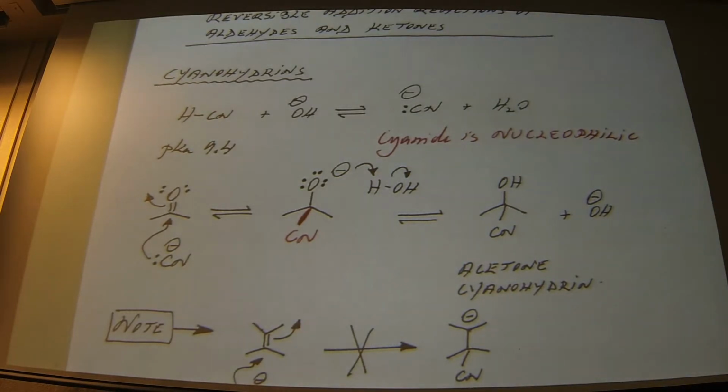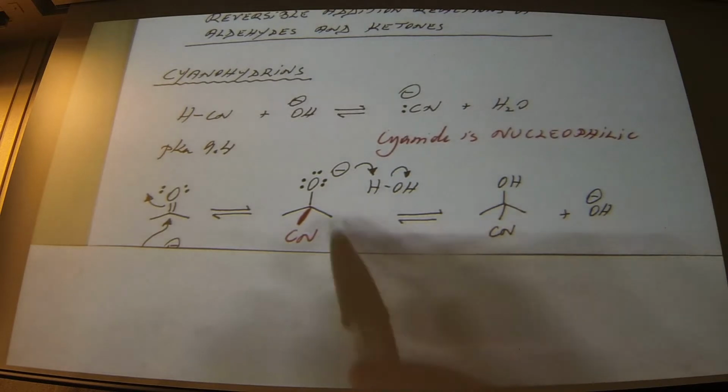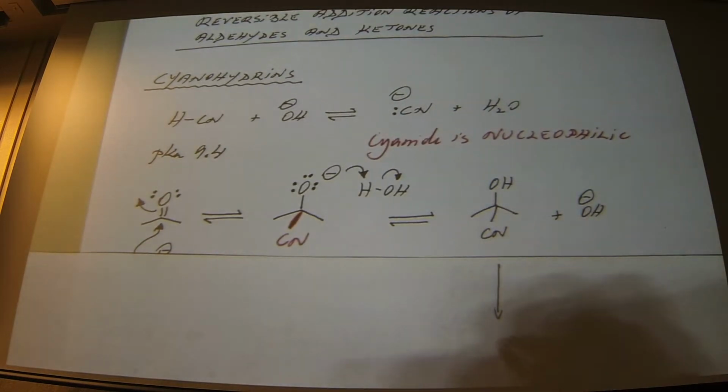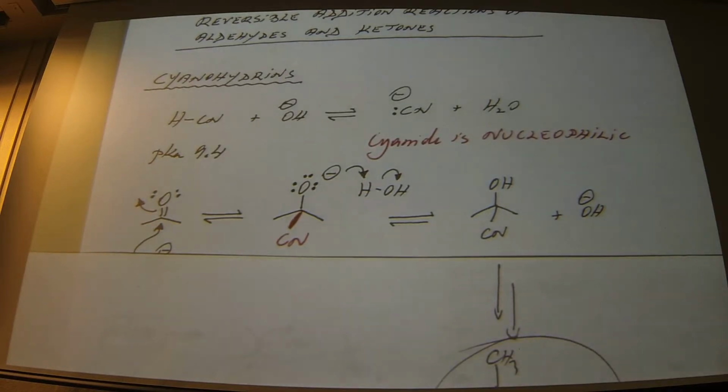It's done on a huge scale industrially because acetone cyanohydrin, believe it or not, is the starting material for a very important plastic. This acetone cyanohydrin gets converted through a series of steps to methyl methacrylate. You can see where the carbons are.